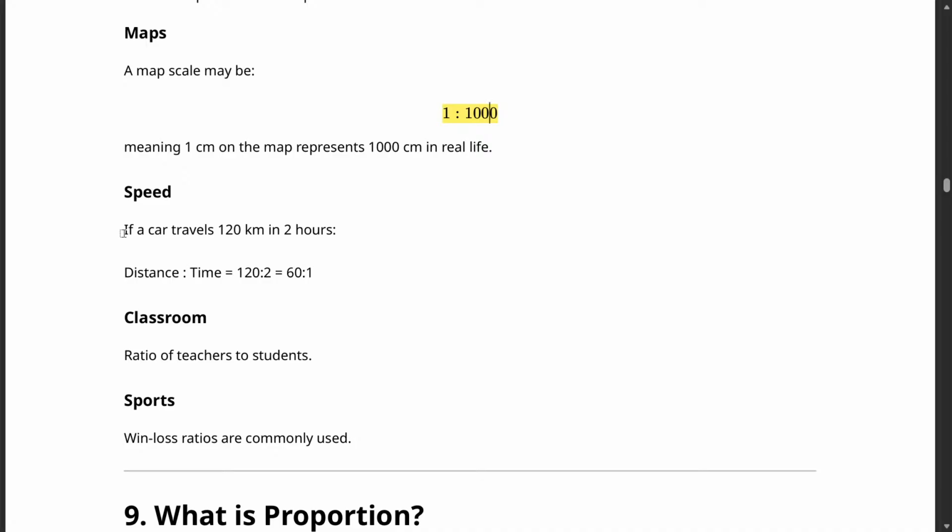In speed, if a car travels 120 km in 2 hours, distance is to time equals 120 is to 2, that is 60 is to 1.